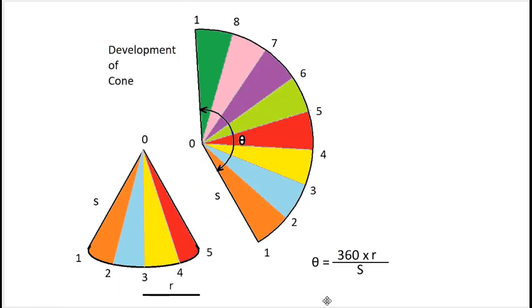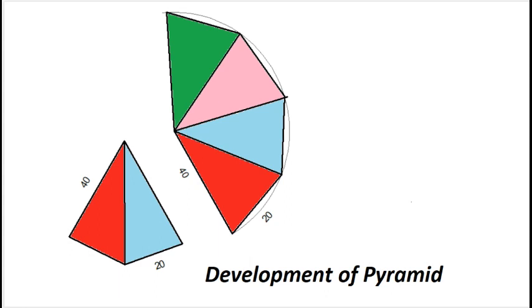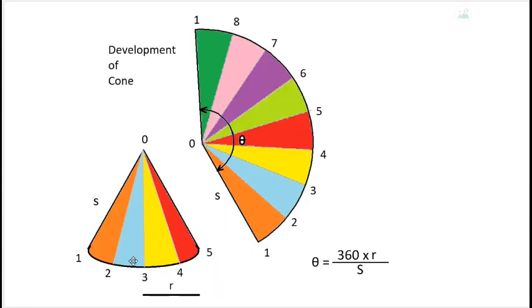Then one more kind of solid is there, and that is called the cone. So the cone and the pyramid are somewhat alike. Only thing is that in case of a pyramid, these are straight lines, and in case of a cone, it is not a straight line, it is a curved surface.